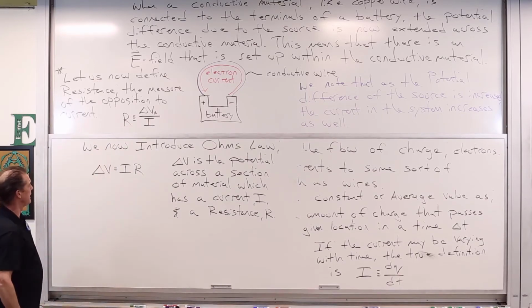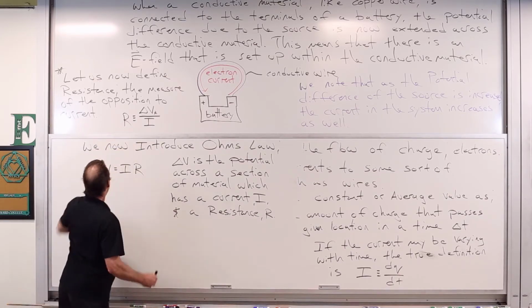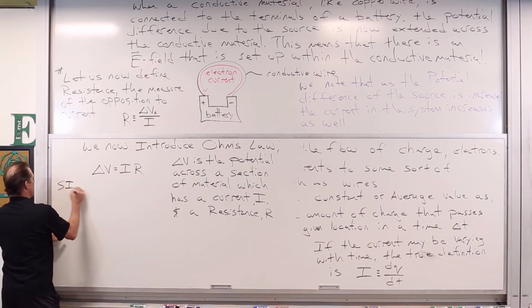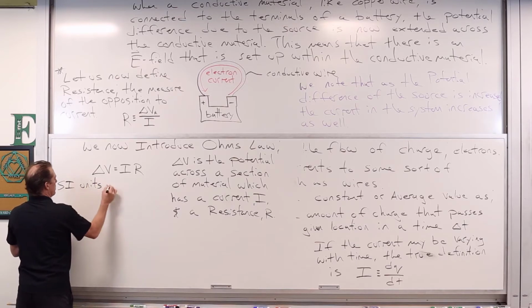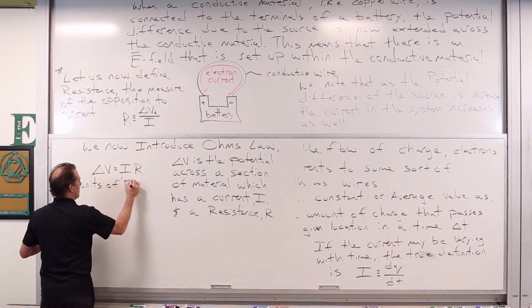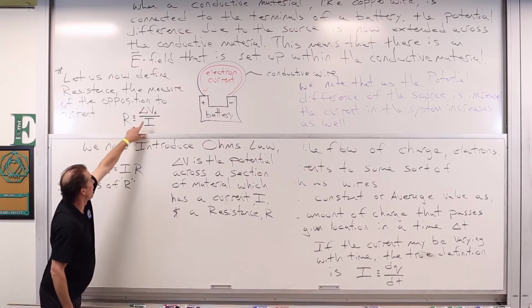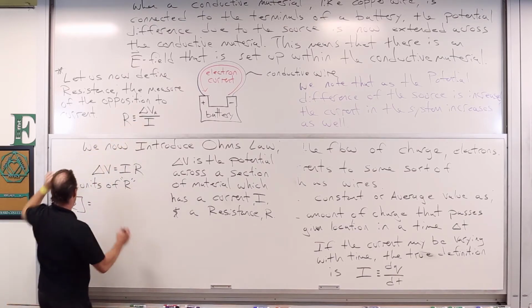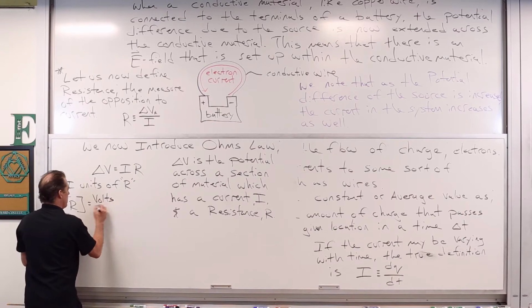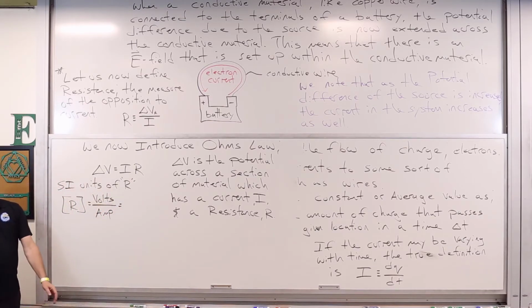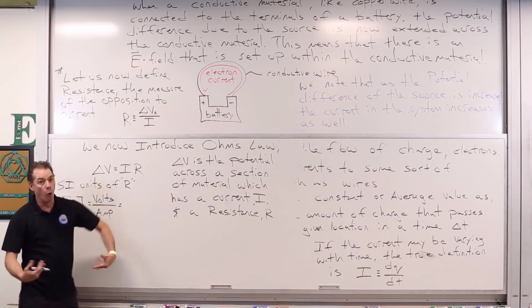but there's some more things that we need to point out here. Number one, we've got resistance. What are the units of resistance going to be? Well, if we go back up to the definition here, it has to be volts per amp. But instead of calling it volts per amp, we're going to call it ohms.